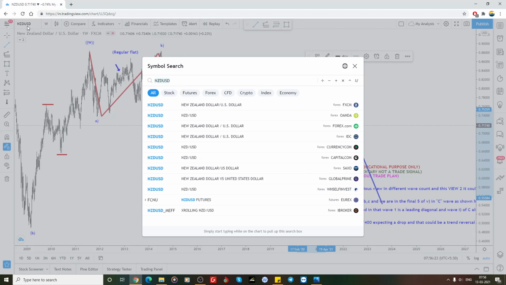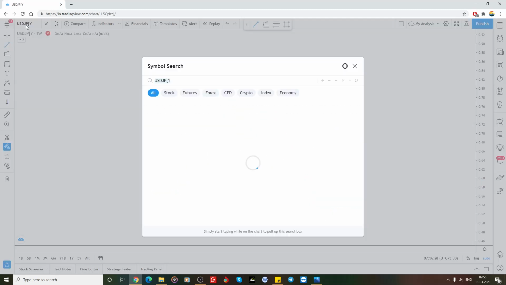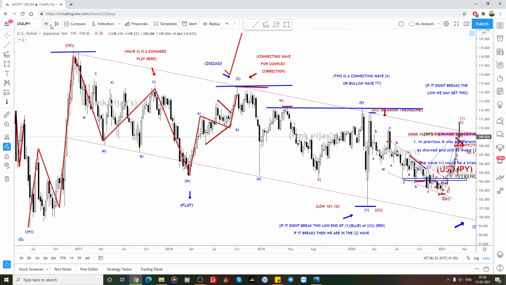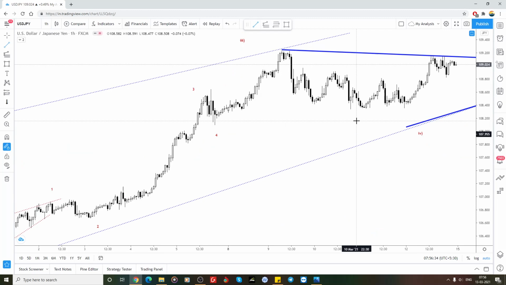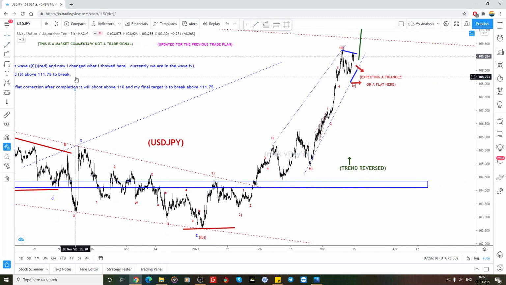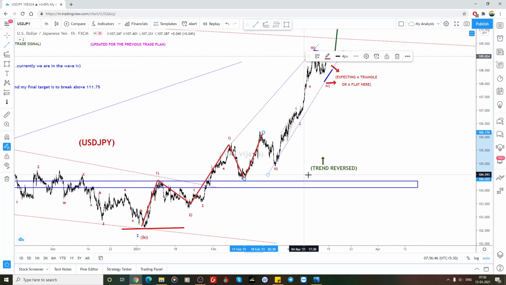So let's move on to USD JPY, and USD JPY also I already shared my view 2 days before. So it's doing, and I changed my count here. In previous what I explained is 1, 2, 3, 4 and 5, but I said I'm not so satisfied with it, because this looks like a 5-way structure.